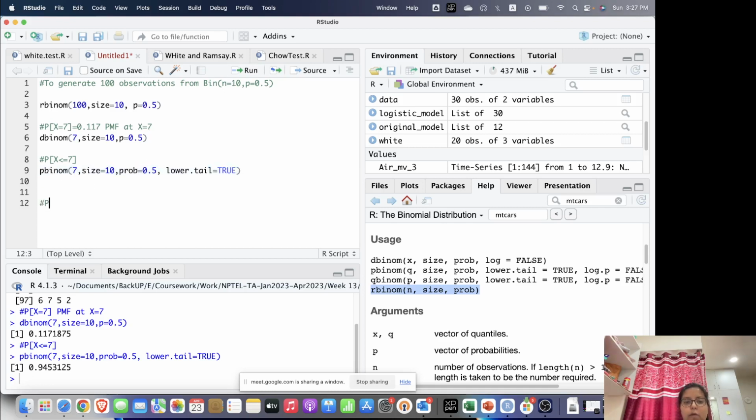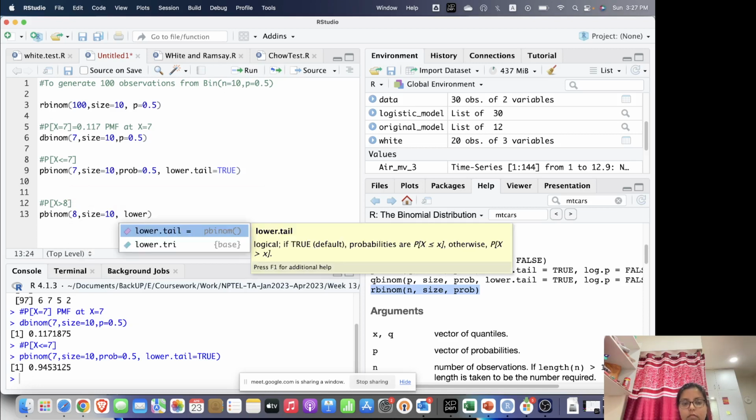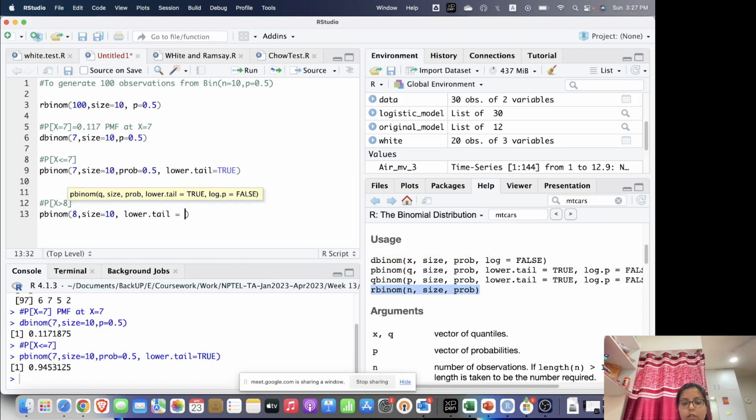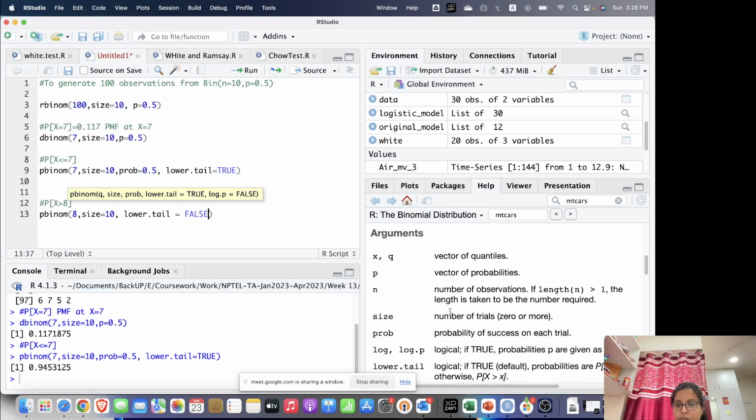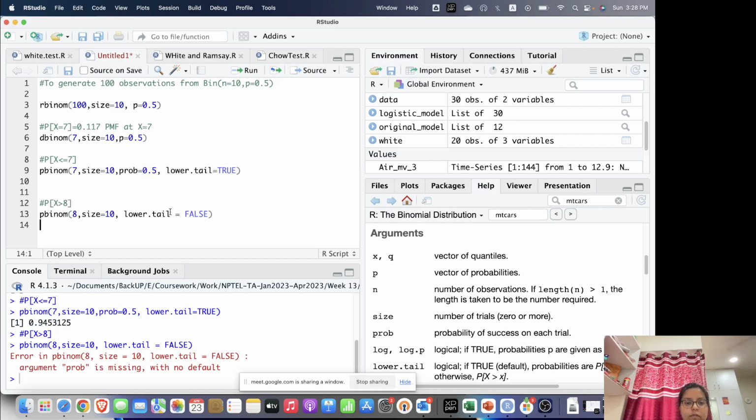Okay. And if I have to find out the probability x greater than 8, then I have to write pbinom 8, size equal to 10, lower.tail equal to FALSE, and prob equal to 0.5.